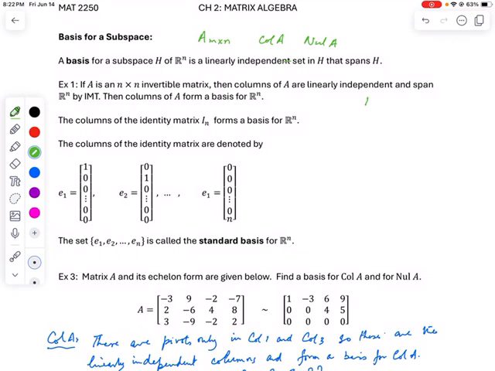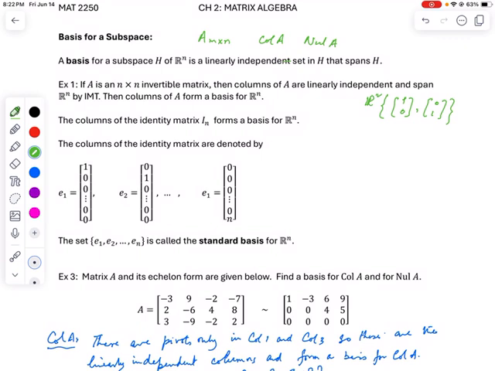For example, in R2 there are infinitely many vectors, but they are basically generated by only these two vectors, 1 0 and 0 1. So this forms a basis for R2. Just these two vectors form a basis for R2.